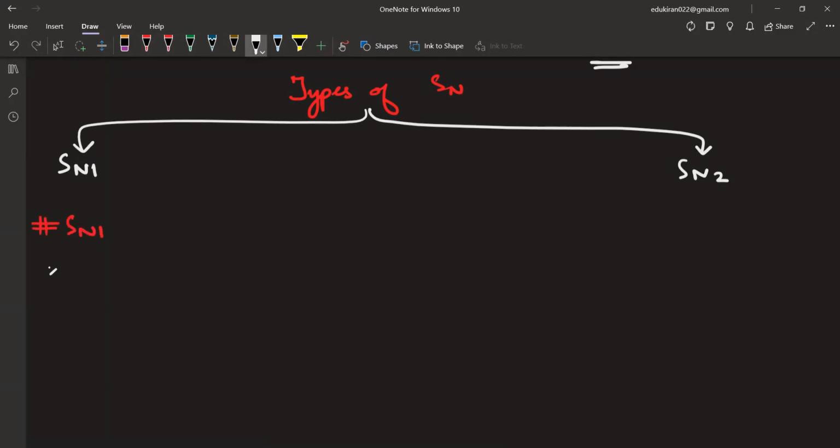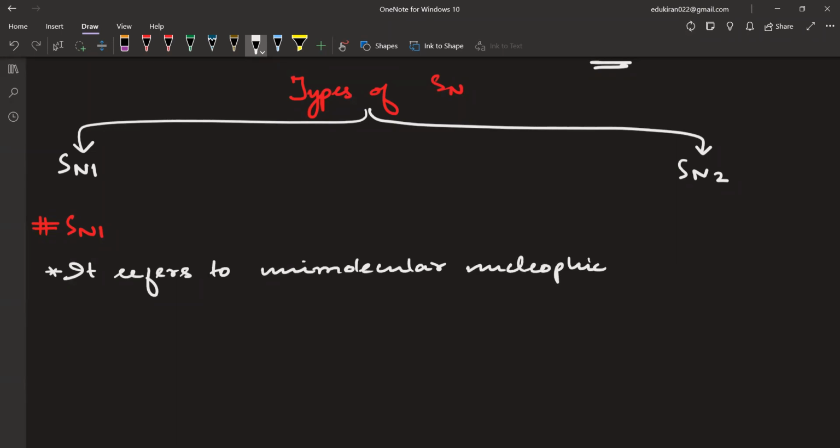Sn1 refers to unimolecular nucleophilic substitution reaction. Refers to unimolecular nucleophilic substitution reactions.